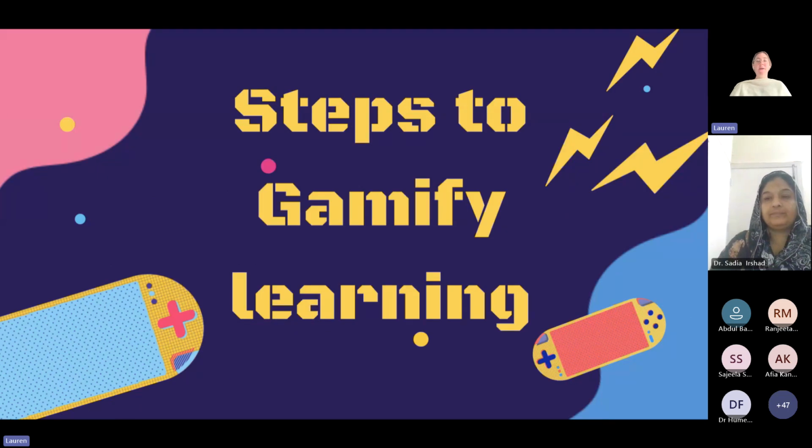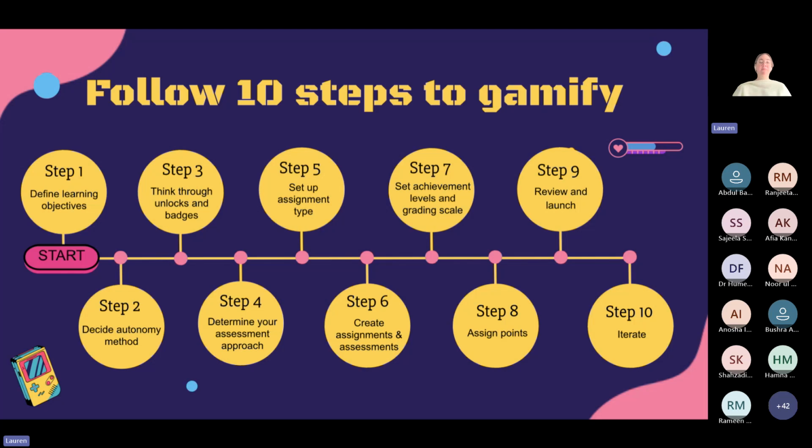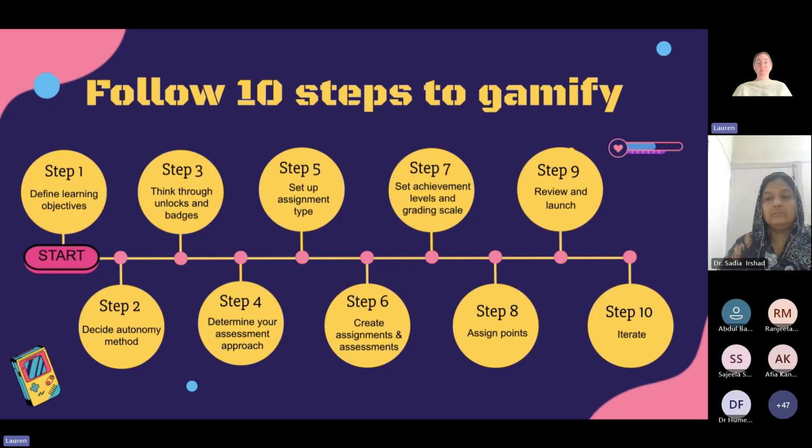Okay, so we'll talk now about how we can gamify learning. We know what it is, but how do we do it? How do we make our courses more gameful? So there are 10 steps. Step 1, you define your learning objectives. Step 2, you decide your autonomy method, how you allow students to make a choice. Step 3, you think through unlocks, badges, levels, these sort of game elements. Step 4, you determine your assessment approach.